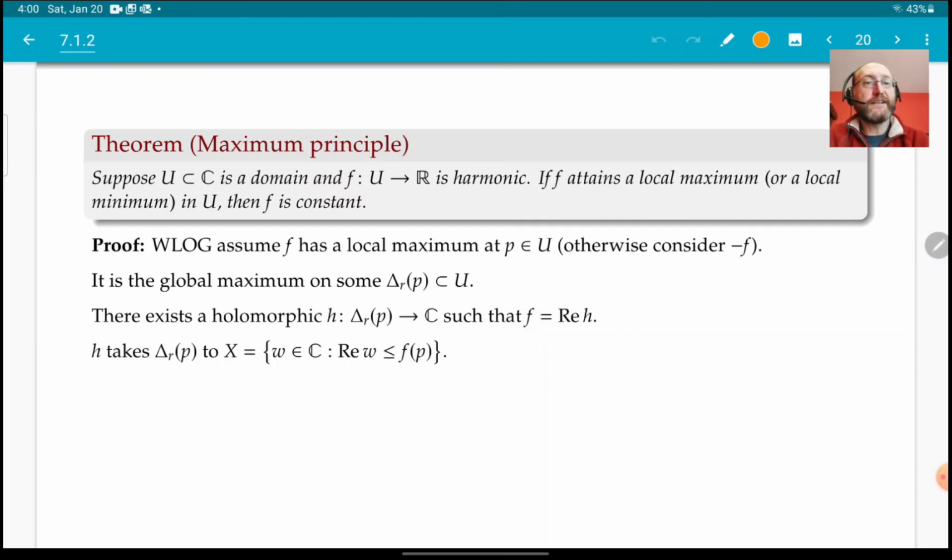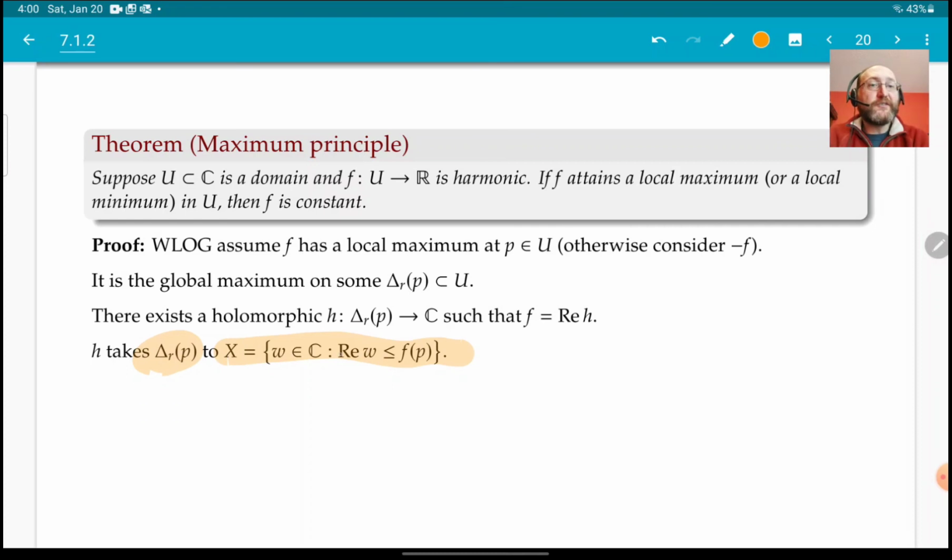And H takes this disk into that set. Well, it's not quite equal to this set, but it goes into that set.